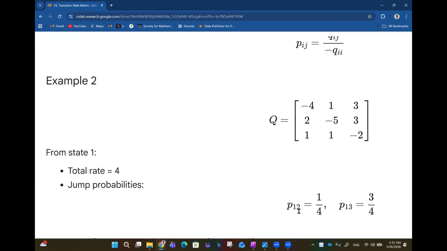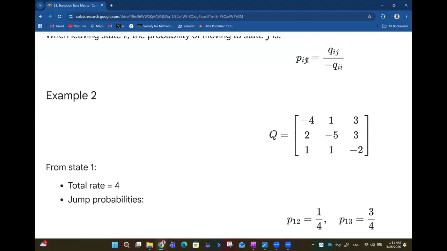And then the jump probabilities. For the jump probabilities for P12, for instance, the probability of moving from state 1 to state 2, this is state 1, 2, 3, because sometimes you can do state 0, 1, 2. For P12, that means you have Qij, that is Q12, which is 1, all over minus Qii.